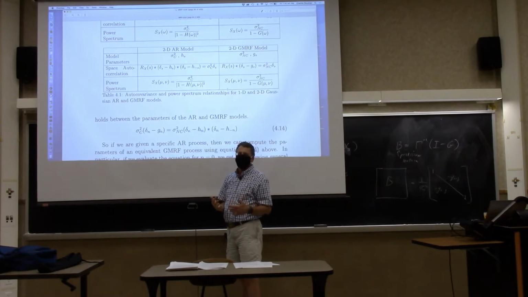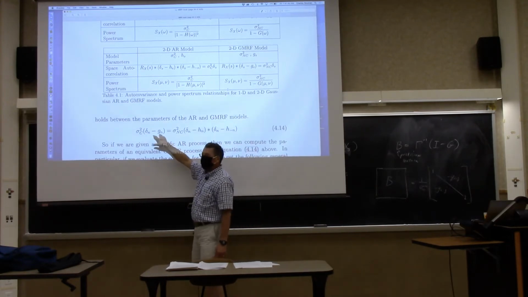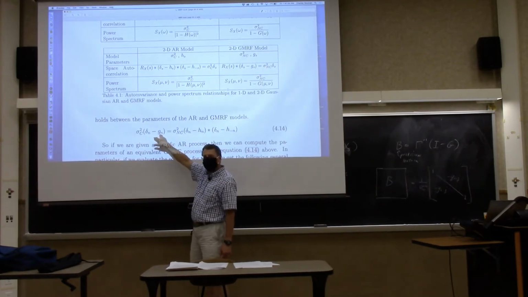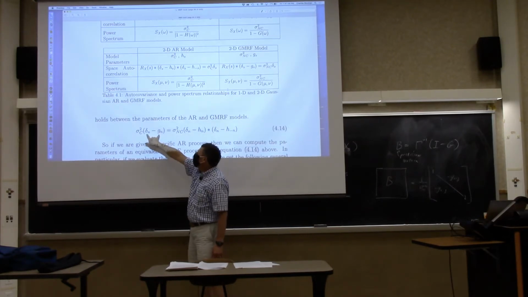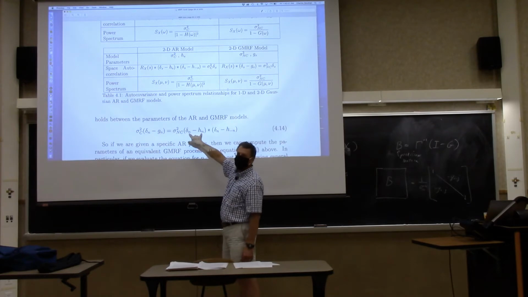So this could be a 1D or a 2D non-causal predictor. Then G is the 1D or 2D non-causal predictor. So when you apply this filter, you get the prediction error, because it's the difference between a delta and the prediction. This is the causal prediction error.